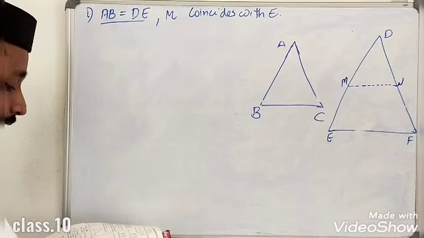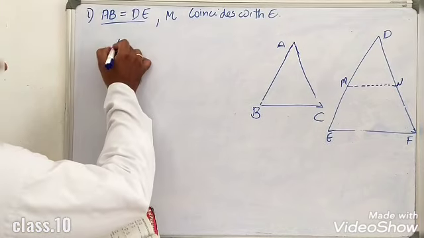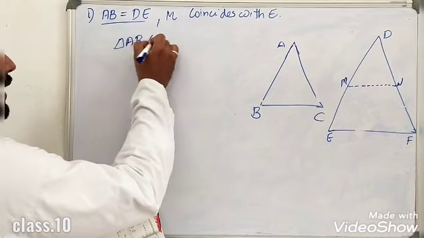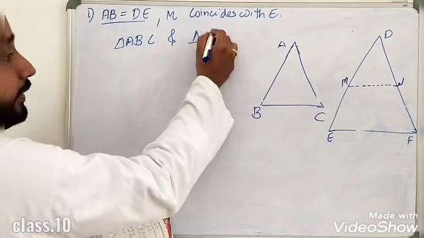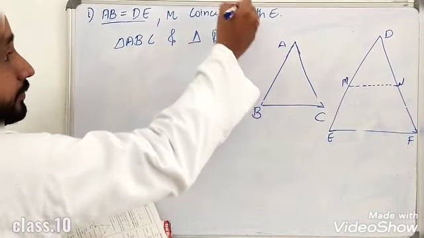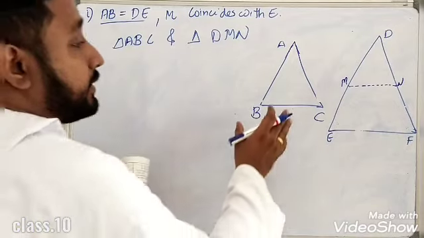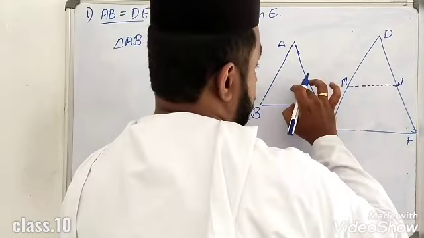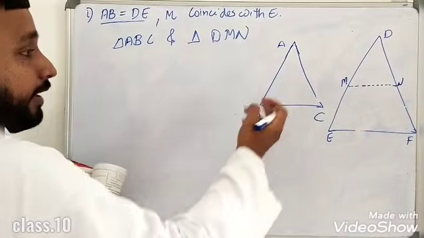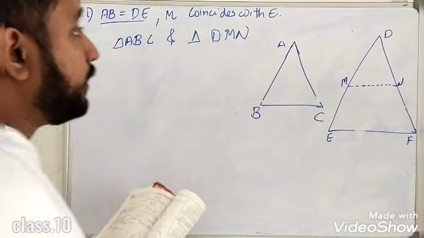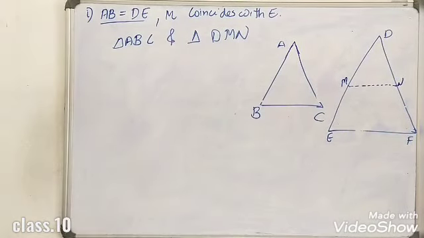We consider triangle ABC and triangle DMN. We are considering these two triangles. We have already taken AB equal to DM. So triangle ABC and triangle DMN.